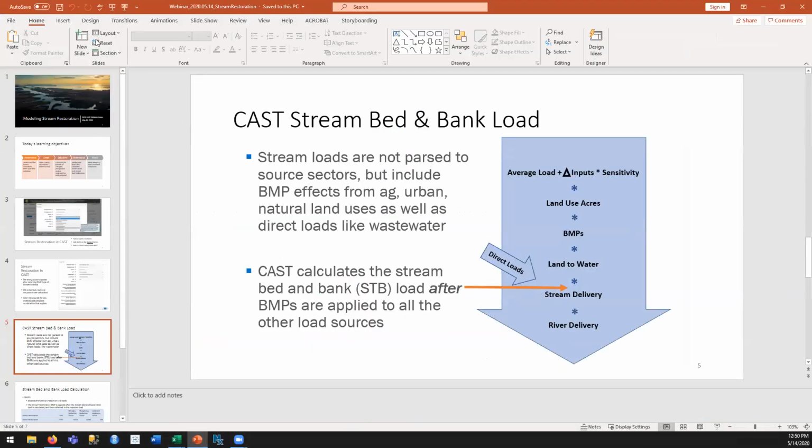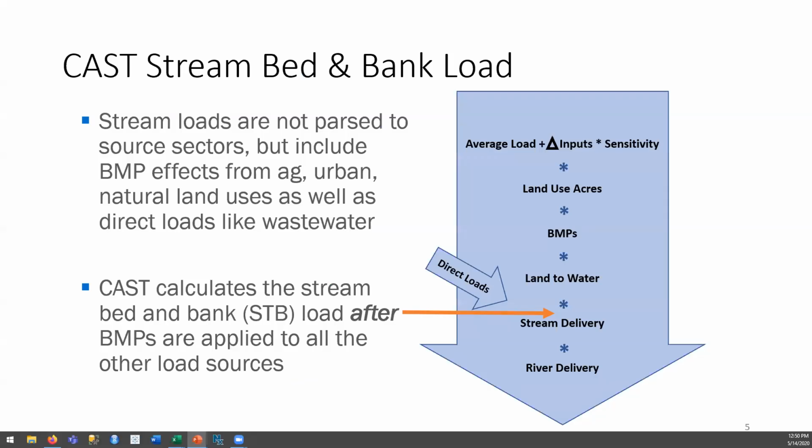Let me pause here and look at the questions for a minute. I see that there's a question about stream restoration benefits being independent of off-channel work. I'm going to go over how the BMPs that happen upstream, upslope, affect the load that goes to the stream.